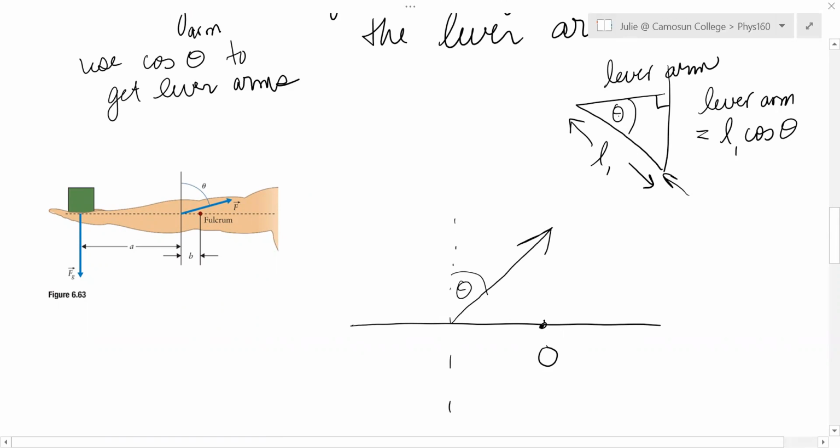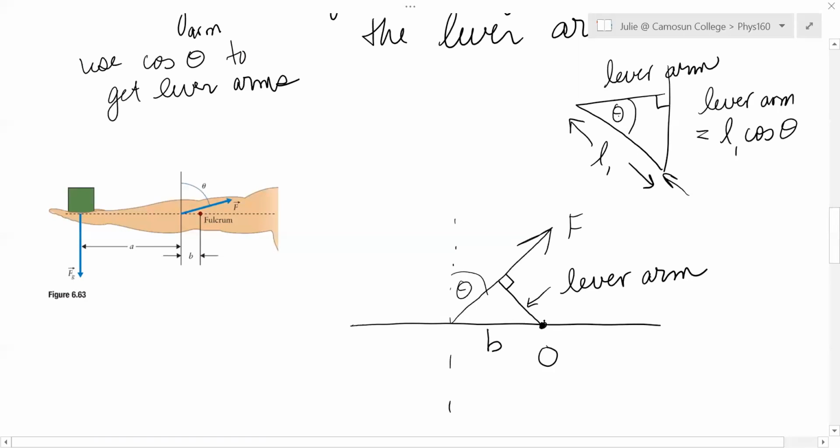To get from the axis of rotation to the line of action of the force, we hit it perpendicular. This is the lever arm. The hypotenuse is B.